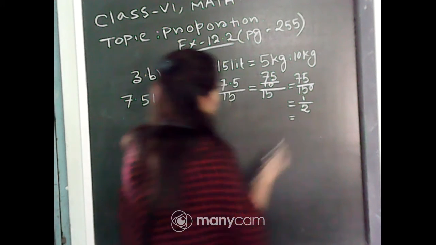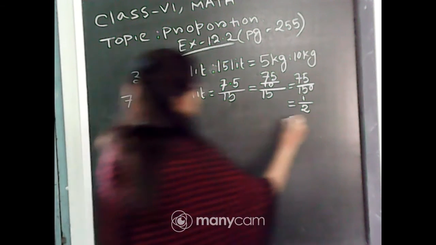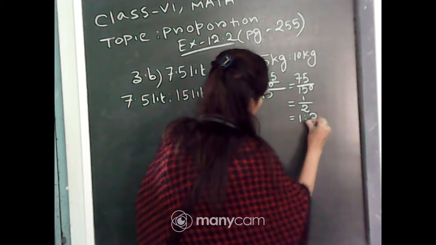Now we divide both the numerator and the denominator by 75 and we get the ratio is 1:2.